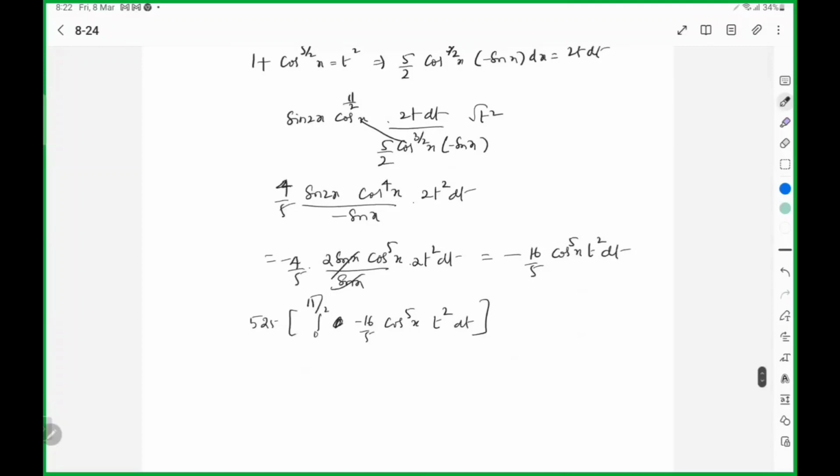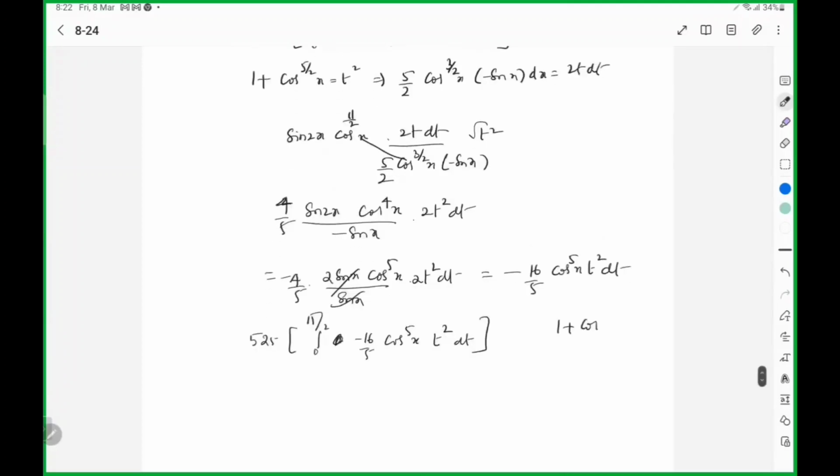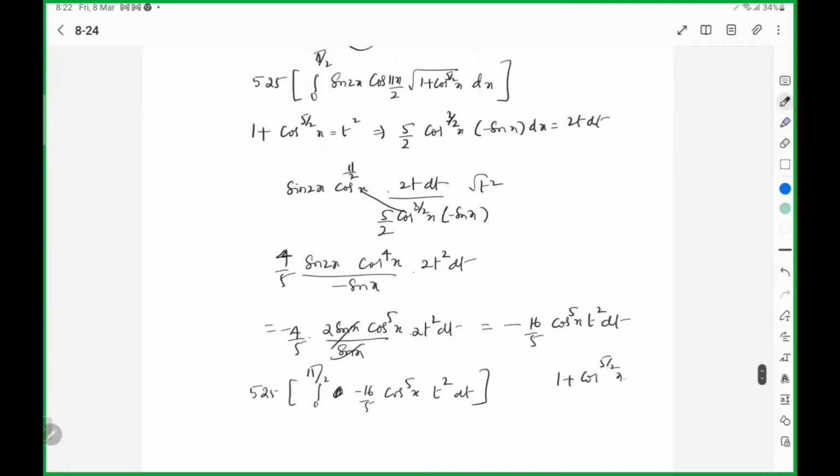So here we assumed cos power 5 by 2 x as t square. When x is 0, t square is 2; when x is pi by 2, cos is 0, t square is 1.